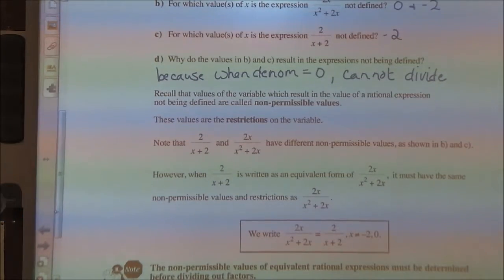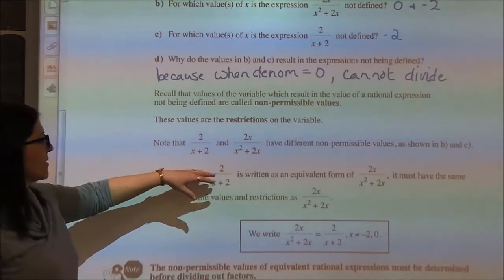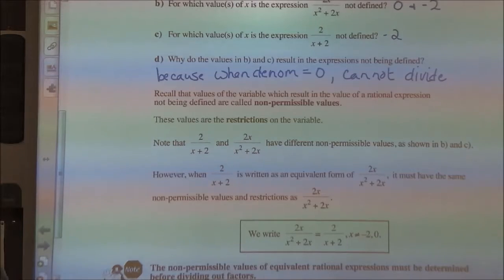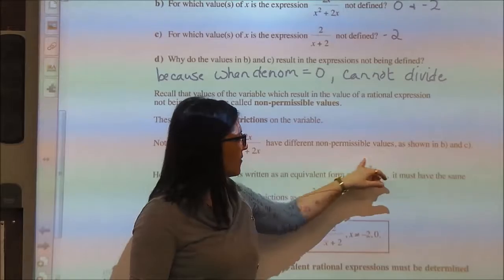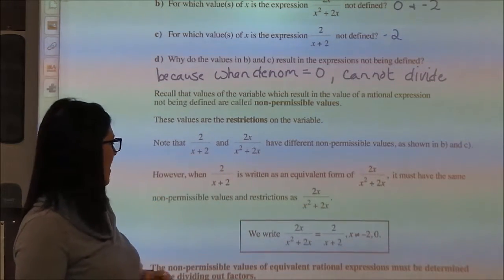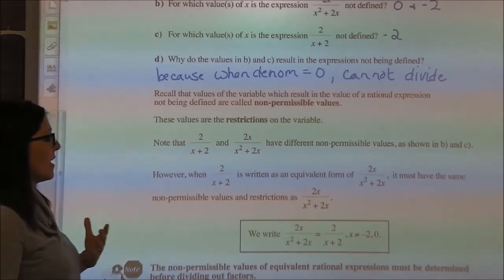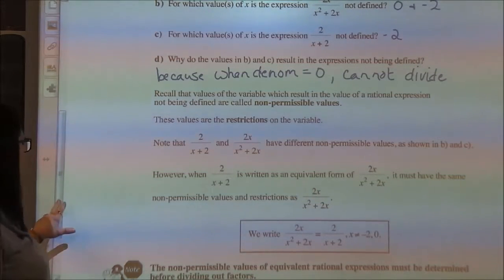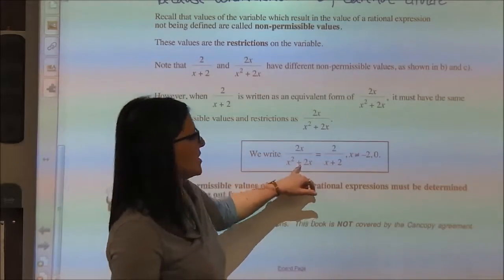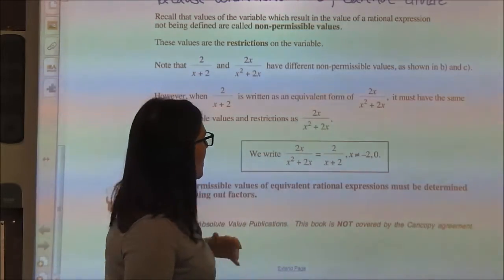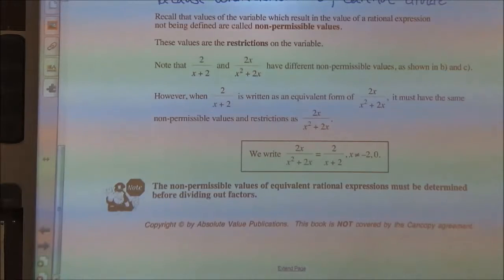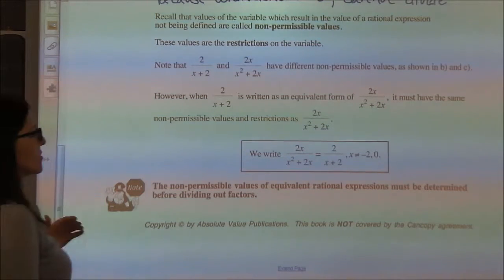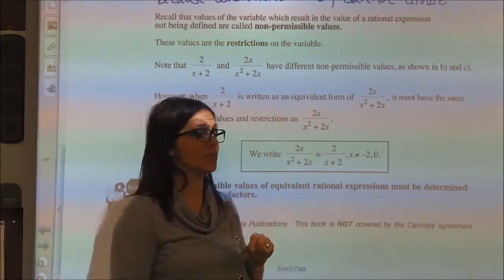So it says in here that these 2 expressions have different non-permissible values. However, we can simplify this expression to become that expression. When we do that, we always have to list our non-permissible values from the original. So when I write out 2x over x squared plus 2x, and I write it in its equivalent form, it equals 2 over x plus 2.